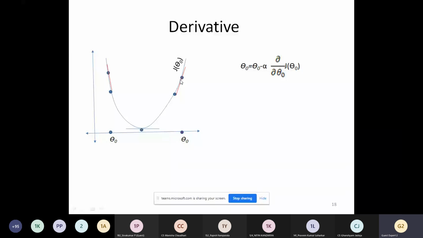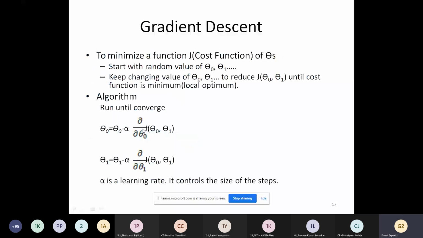Clear? Because if you use the derivative, after some steps you may reach the minimum cost, and that is what our goal is. We want to find the value of theta 0 where the cost function is minimum. So that is what the derivative is about.